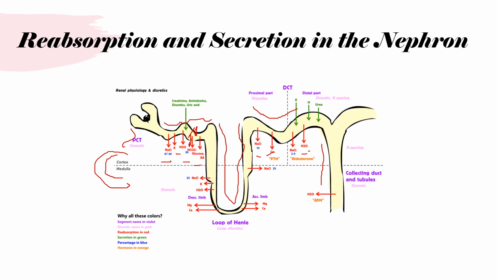Remember, glucose and amino acids are like, hey, sodium, can we hang out with you? Down in the loop of Henle, you've got magnesium and calcium. All these different molecules are going through either osmosis or passive or active transport to help keep the balance of your nephrons and your kidney and your body.